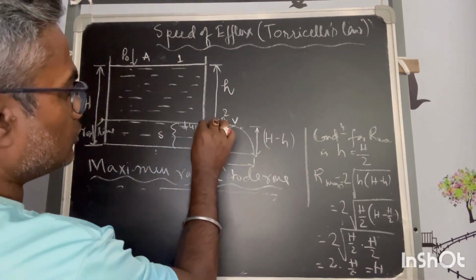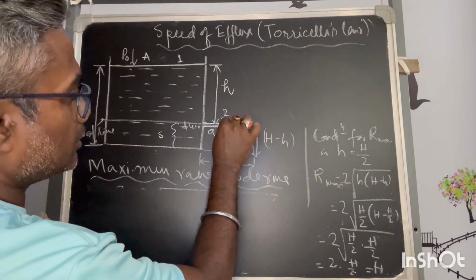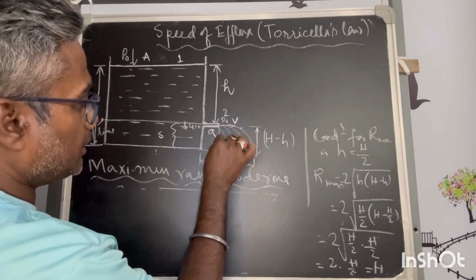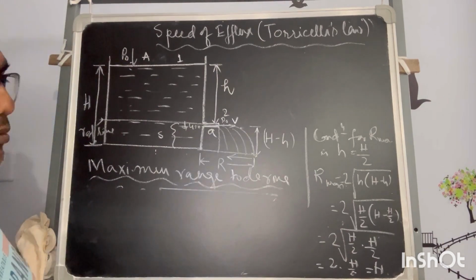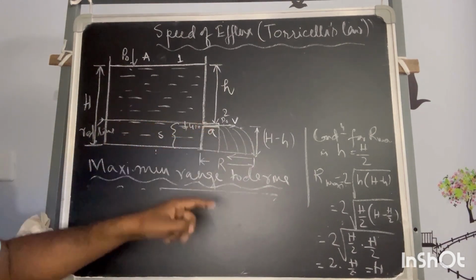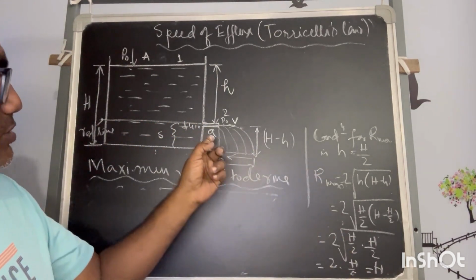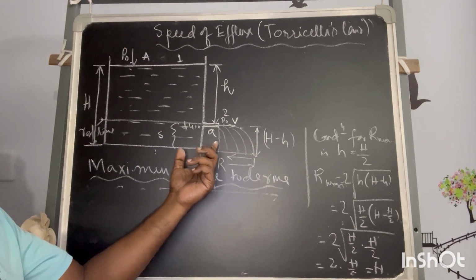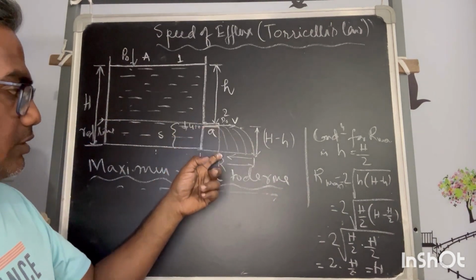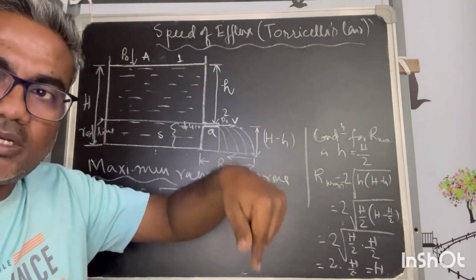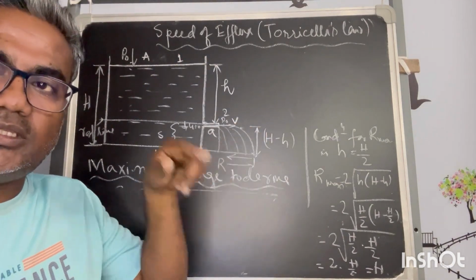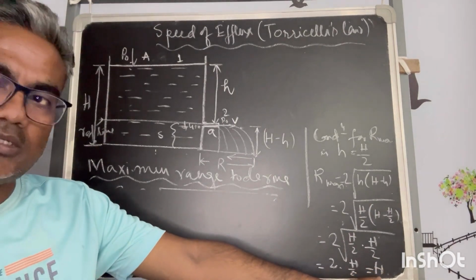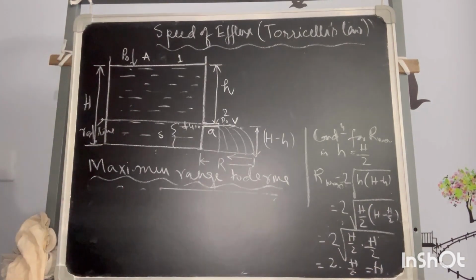So slowly this water will come nearer this way, and at some point in time it will be 0 because the height will be 0. When height becomes 0, range also becomes 0. So slowly the liquid will come nearer, and at a point of time it will fall directly because it will not get any ejection speed. Okay, that will also be correlated. So this is the range. Understood? Okay.